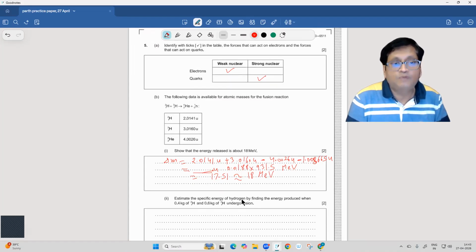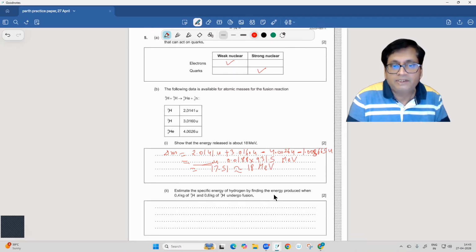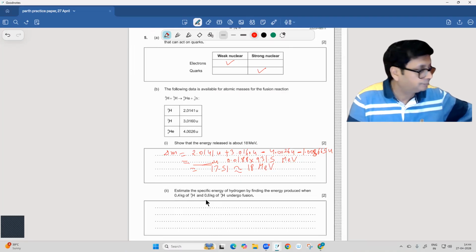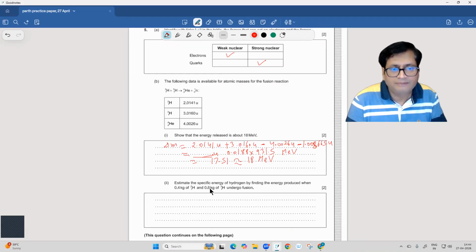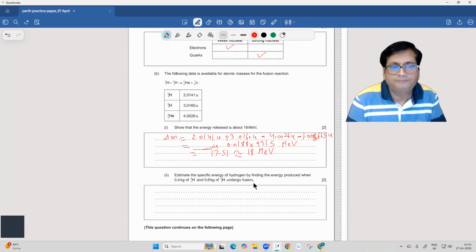Estimate the specific energy of hydrogen by finding the energy produced when 0.4 kg of this H2 undergoes fusion. What is that, specific energy of hydrogen? What does it mean by specific energy?